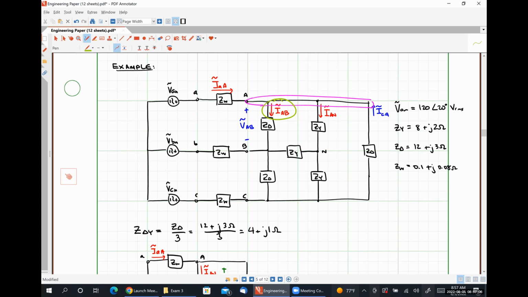As long as we can apply basic circuit analysis techniques like Kirchhoff's voltage law or Kirchhoff's current law, we can always figure out what one of those quantities is, using the results of our single phase circuit analysis. So this is what makes the single phase equivalent circuit in a balanced system so powerful, because we can get enough pieces of information to solve for anything we could possibly want just using KCL, KVL, and Ohm's law.